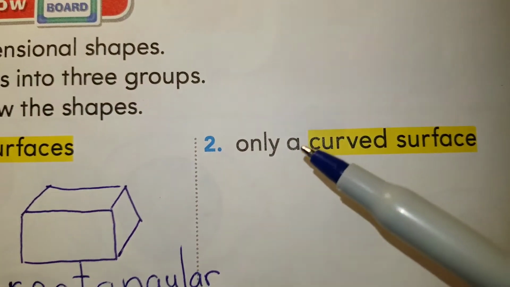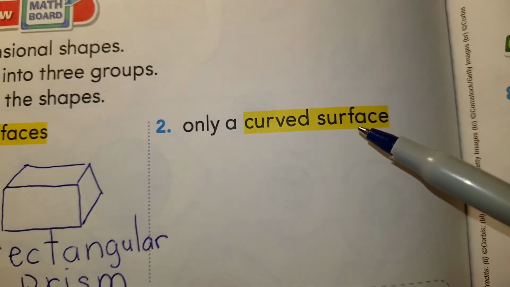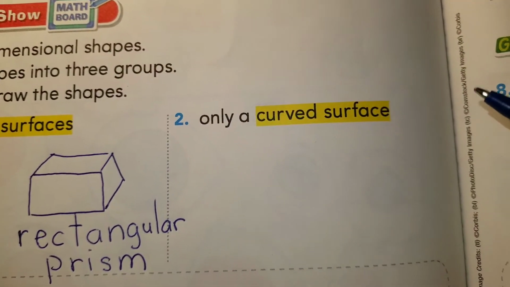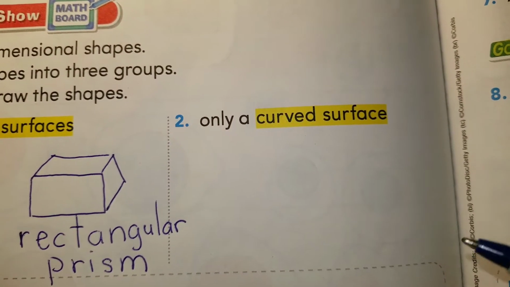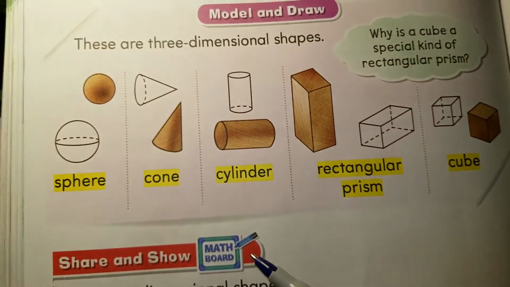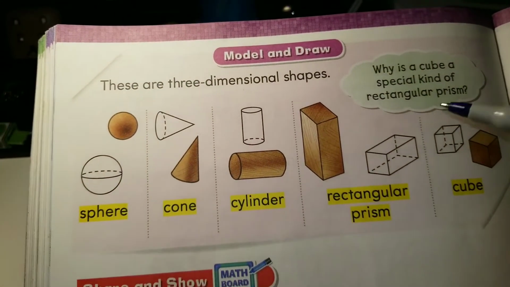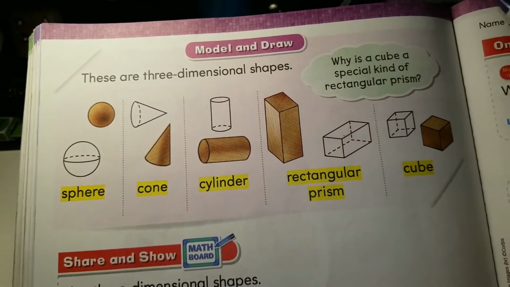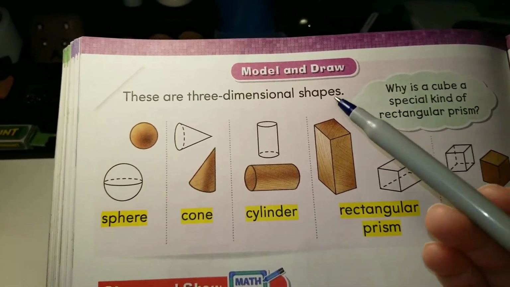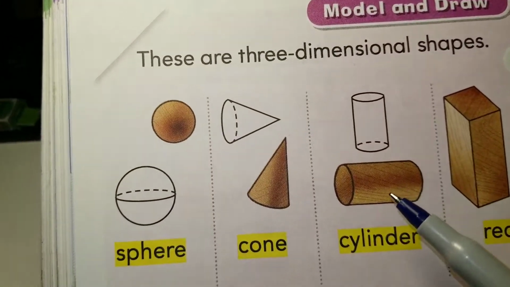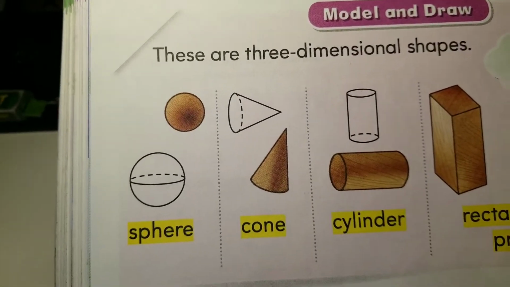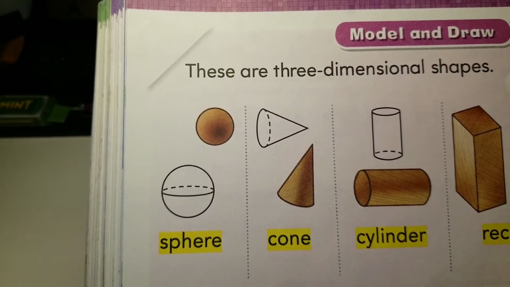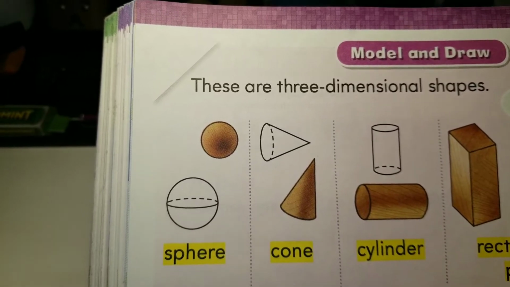Alright, number 2. Only a curved surface. Who falls into this category? Only a curved surface. So we already used the rectangular prism and the cube. We don't have to worry about these two anymore. Now we're going to take a look at these 3 shapes that we have over here. Which one has only one curved surface?